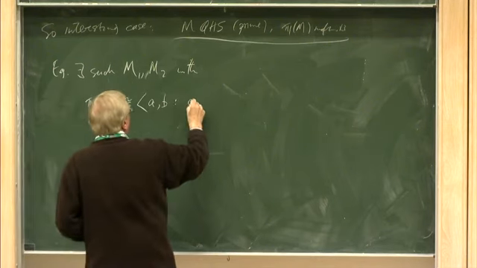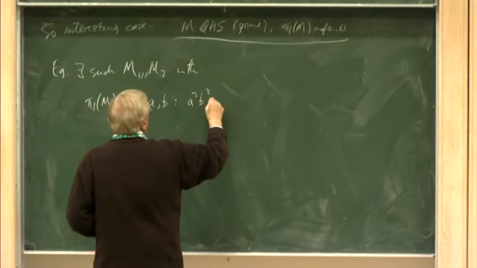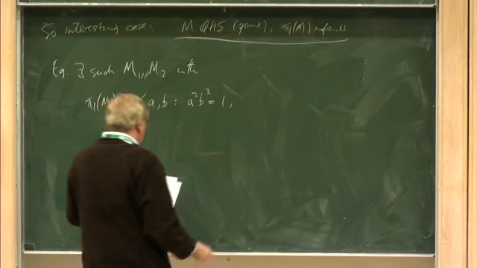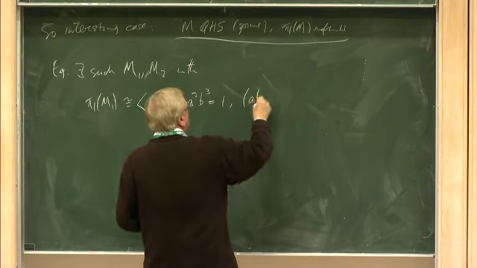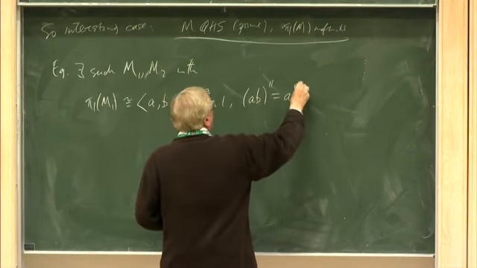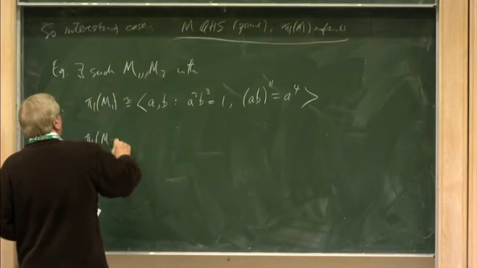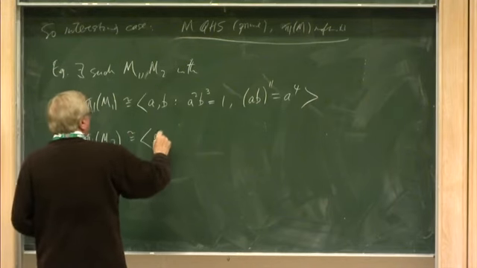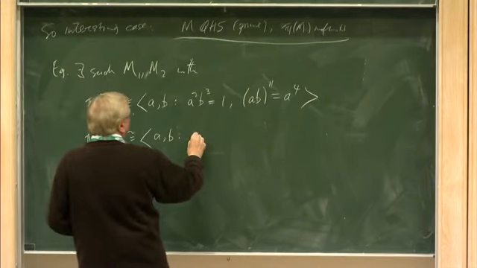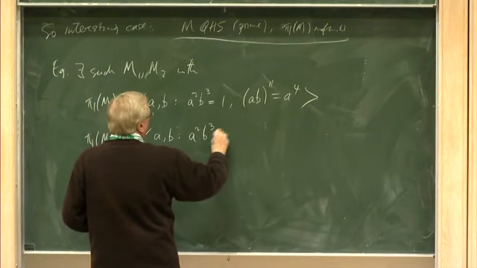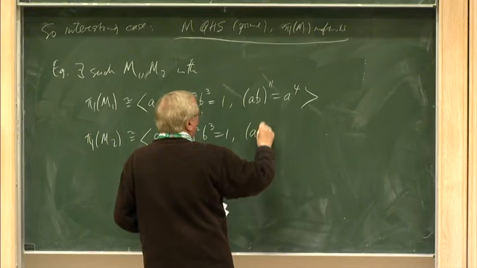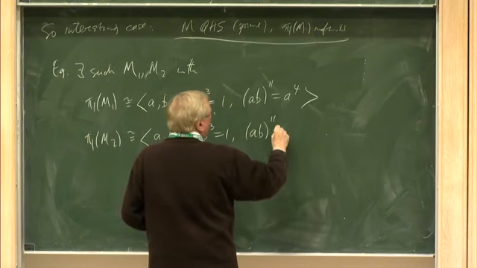So here's a nice finitely presented group. In fact, here's another one. There are actually three manifolds with these fundamental groups. So here's a very similar presentation. Let me just change that 4 to a 6.